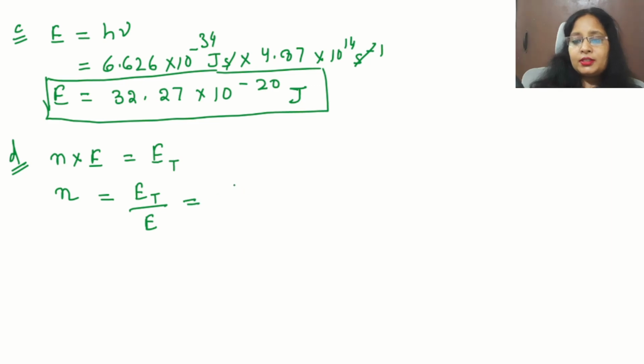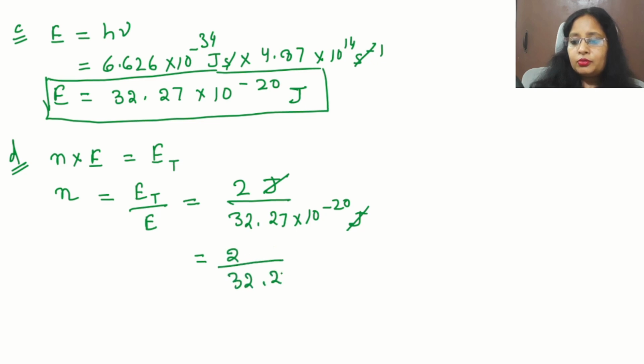So total energy they gave is 2 joule. Energy of one photon we get is 32.27 into 10 to the power minus 20 joule. Now joule and joule cancel. So we give 2 upon 32.27 into 10 to the power minus 20, which will become plus 20.